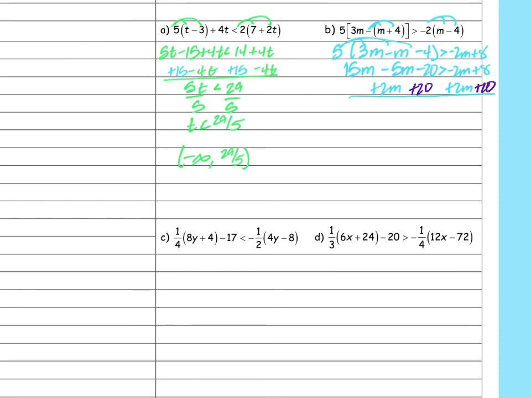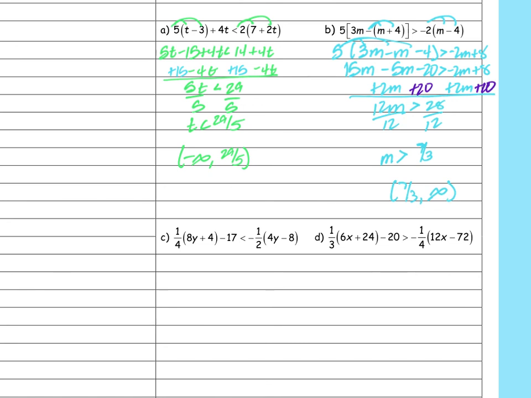So 15, 16, 17 minus 5 is 12m is greater than or equal to 28. Divide by 12. M is going to be greater than, 4 goes into both of those, 7/3. So it's going to be greater than 7/3, so that means it's going to be 7/3 to infinity.